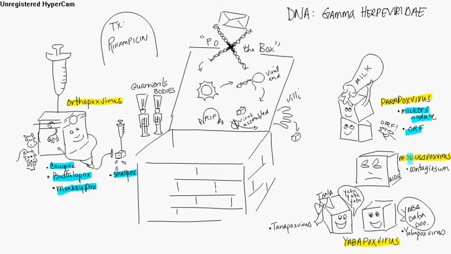Here we go. Molluscipoxvirus. So there's mollusks in the eyes, but this is a molluscipoxvirus. You've got molluscum contagiosum. It's a low-grade infection that's seen in dermatology type questions.